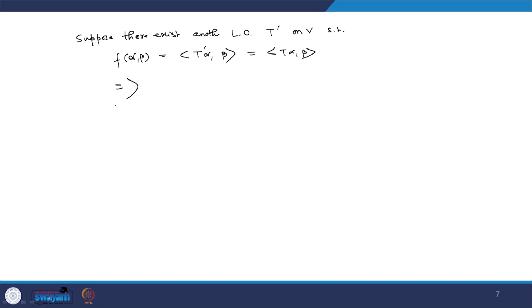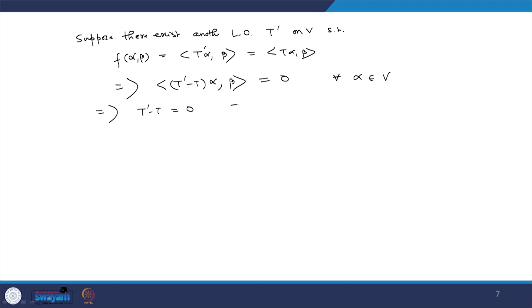So, this implies that the inner product of (T prime minus T) operating on alpha, beta is equal to 0, because both T and T prime are linear operators, and this is true for all alpha belonging to V. So, this implies that T prime minus T must be equal to 0.